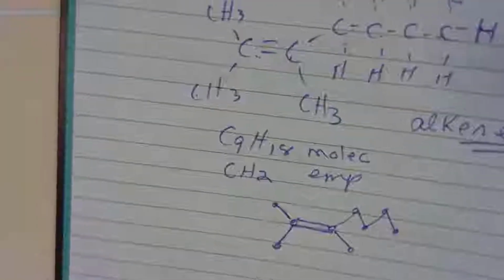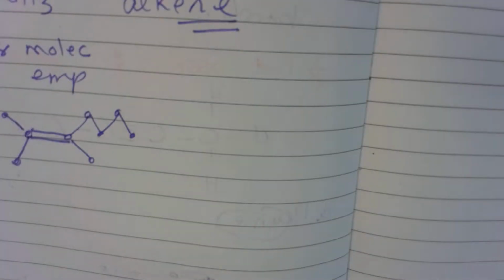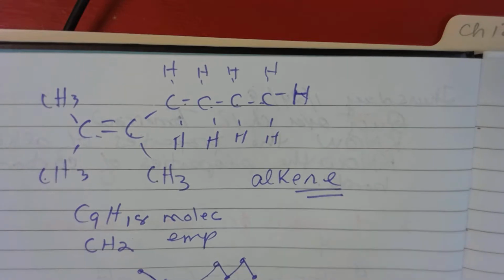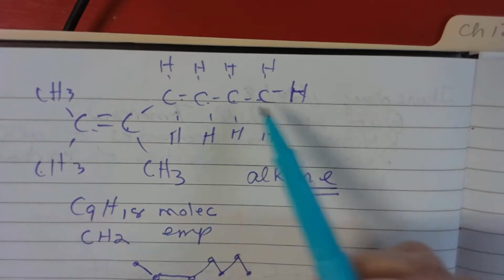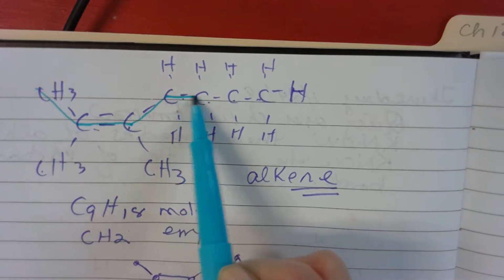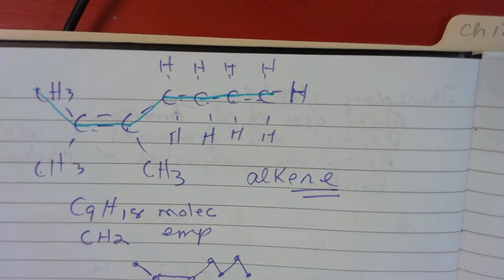All right. Now let's go back and just put a name with these real quick, since that will only help us with naming. So if we look at this one, our longest chain is going to be 1, 2, 3, 4, 5, 6, 7.